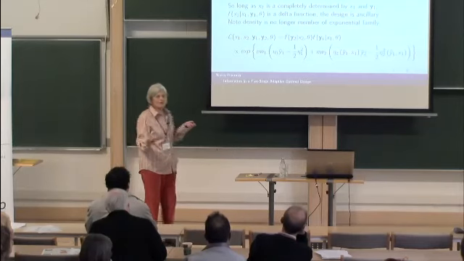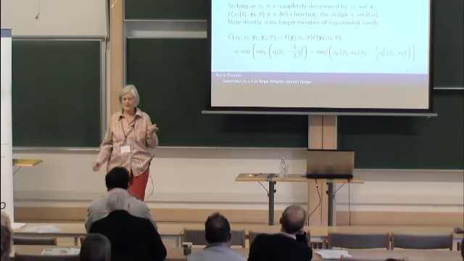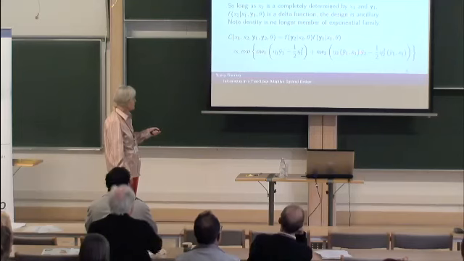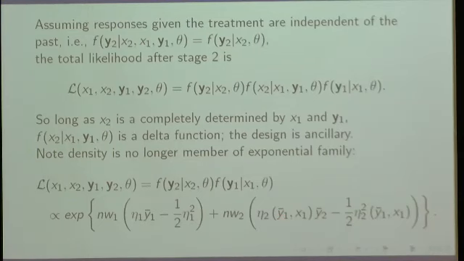Now you can see what it'll take to make an exponential family out of this just by looking at these terms here. That is, if you have a very large stage 1 sample size, then y bar 1 is going to go to its mean, and therefore it'll be constant.